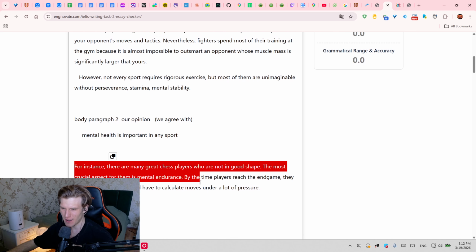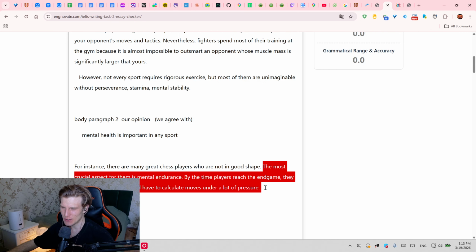Yeah, I mean that's fine. There are better ways to connect these two sentences and better ways to connect these two sentences.